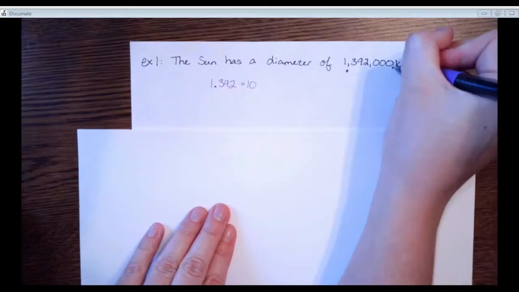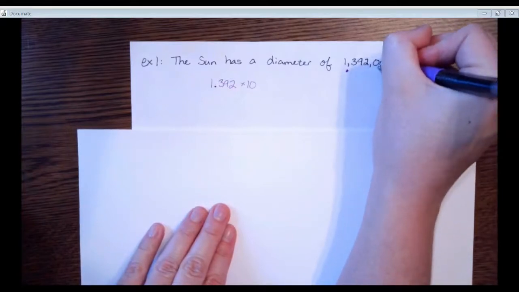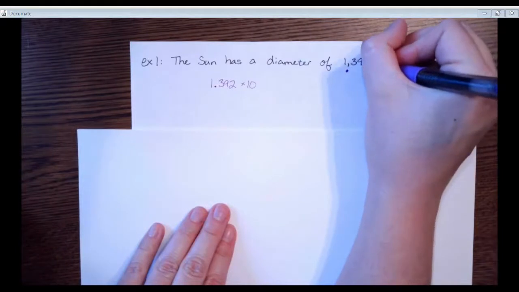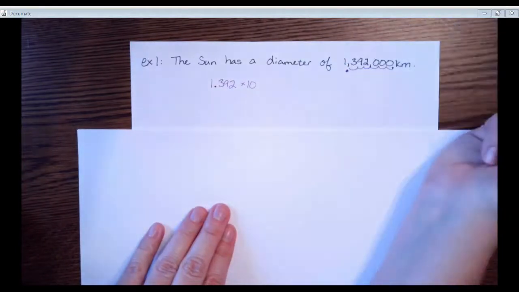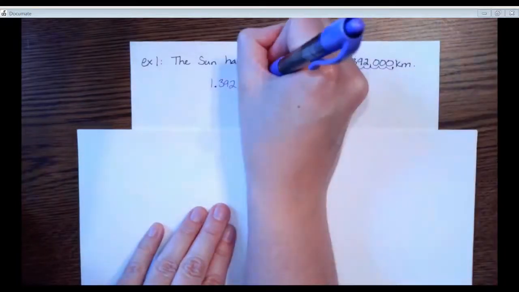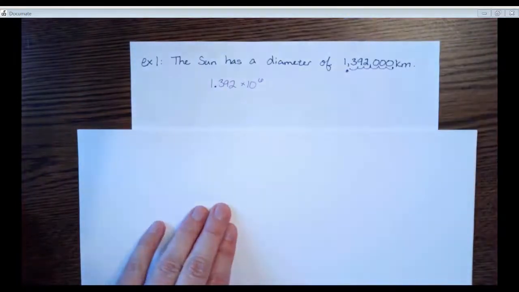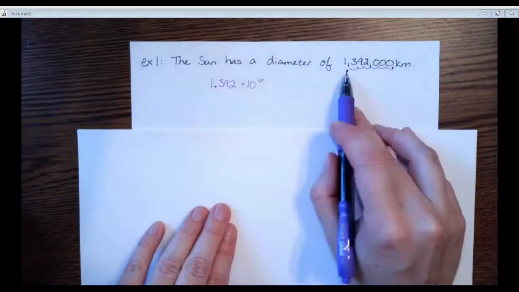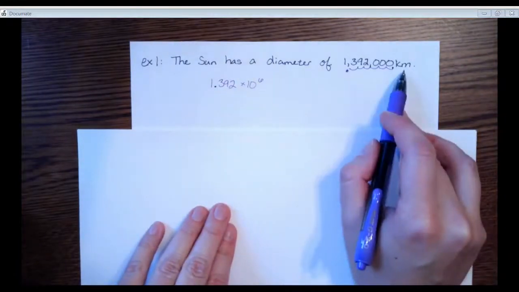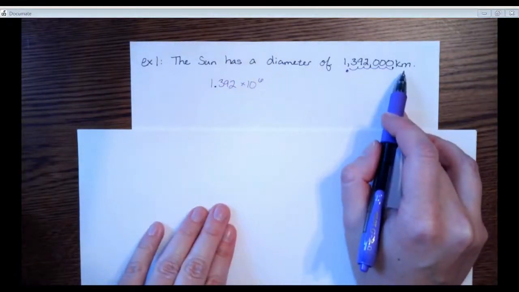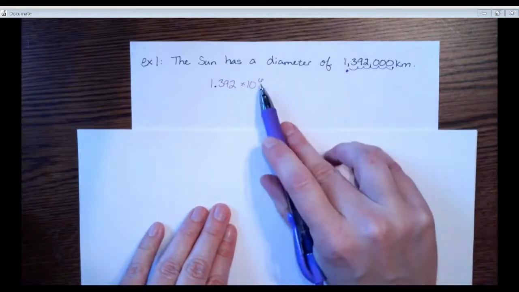So I like to do little loops to count. So 1, 2, 3, 4, 5, 6 times to get it over between the 1 and the 3. So it's going to be times 10 to the 6th. Now, if I think about this, it is a big number. It's bigger than 1. So because it's a big number, I need a positive exponent.